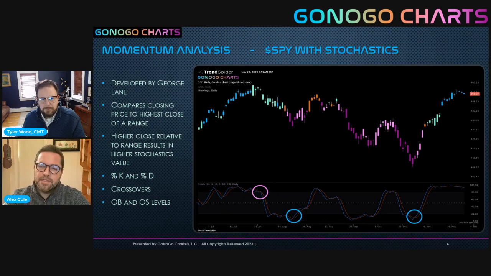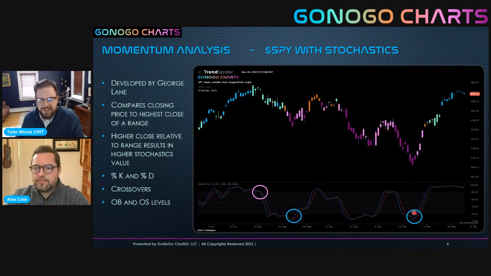Now, I'm sure you can see here, we have only highlighted some of the ones at extremes that line up with turnarounds in price, but there are a lot of crossovers here. So you might have to subjectively filter those. Perhaps we only look on a certain side of the trade if the stochastics levels are above or below a certain level. It might change how we read those signals because there are a lot of them. Absolutely. So here we might be looking for a mean reversion strategy where price has been downtrending.